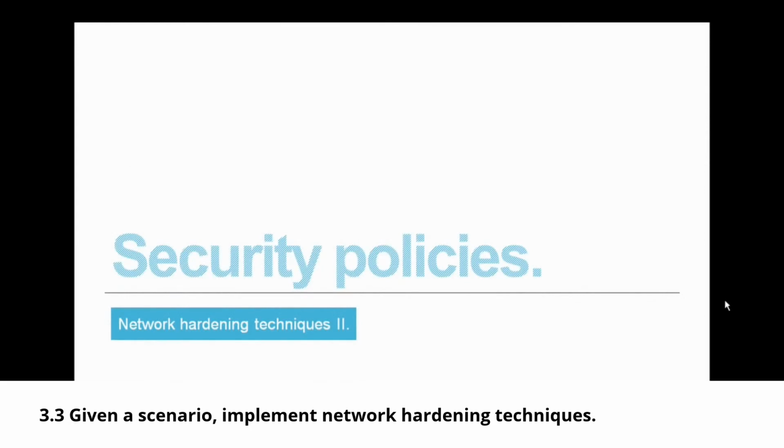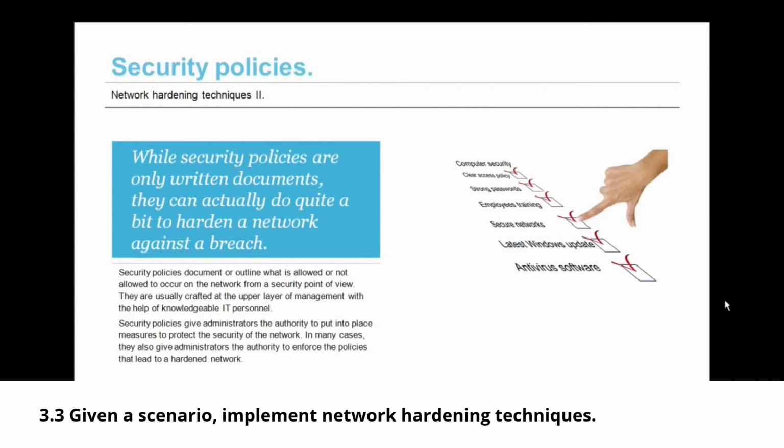It's time to conclude with a brief discussion on security policies. While security policies are only written documents, they can actually do quite a bit to harden a network against a breach. Security policies document or outline what is allowed or not allowed to occur on the network from a security point of view. They are usually crafted at the upper layer of management with the help of knowledgeable IT personnel.